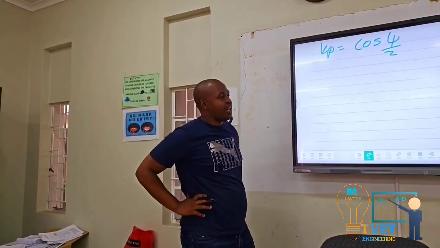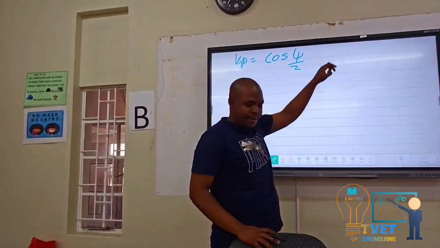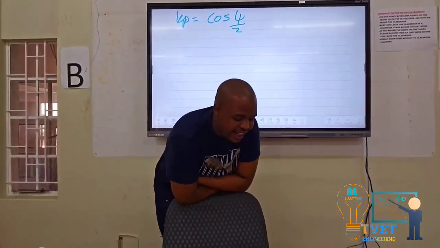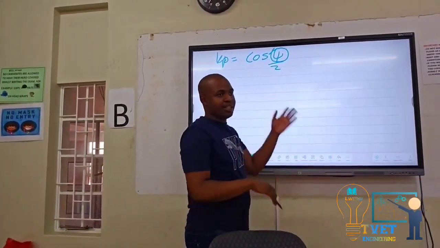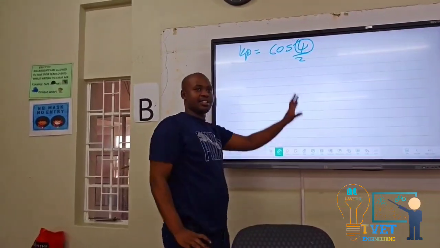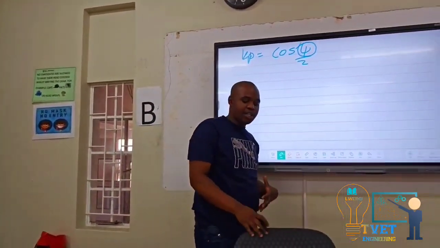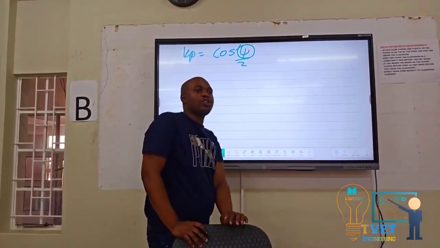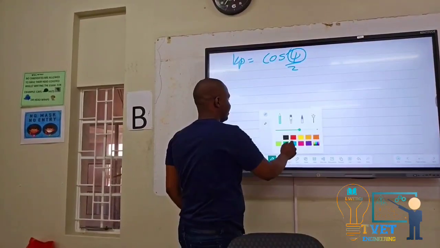We are dividing the angle. The angle must be a symbol, alpha or anything, but that's a symbol for an angle. What we call that angle is the short chord angle. And this is how we find it.